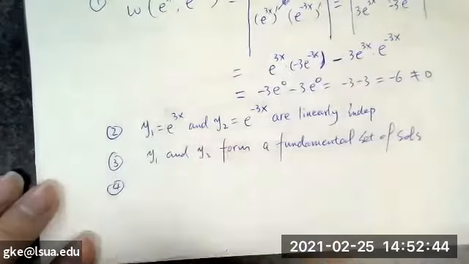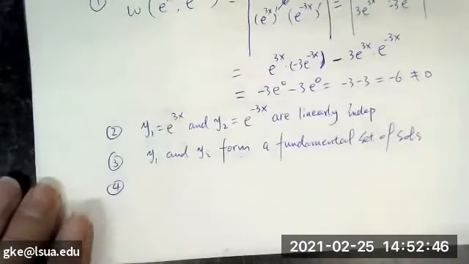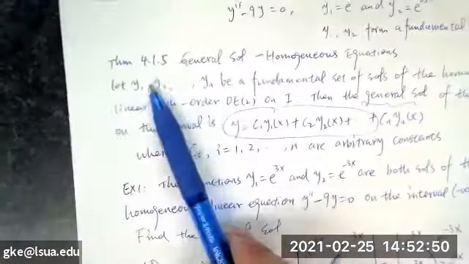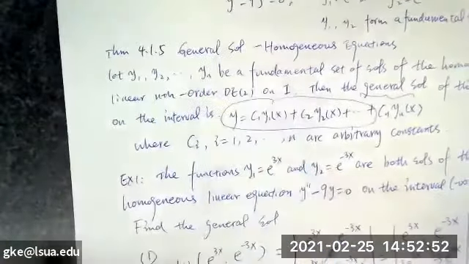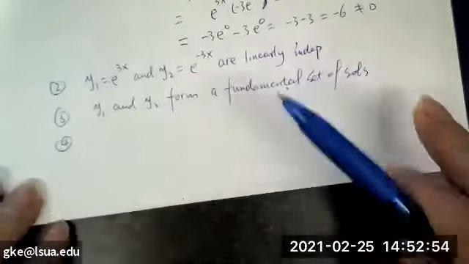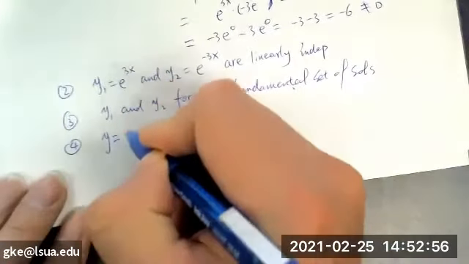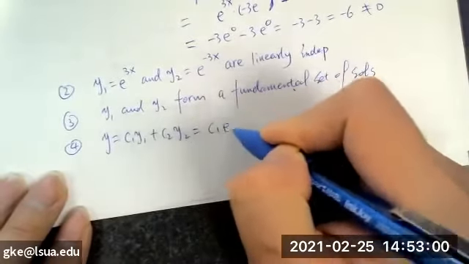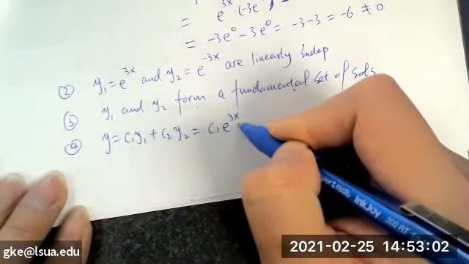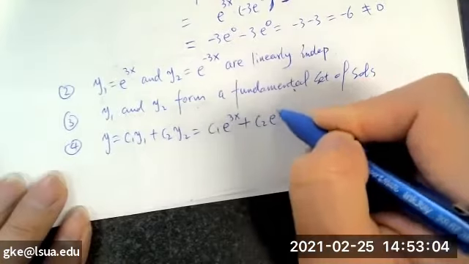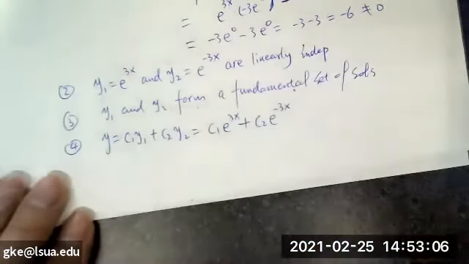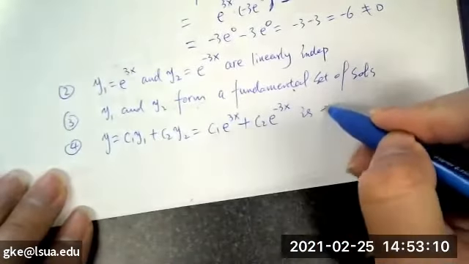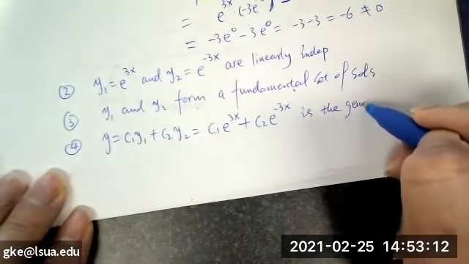Since we know there is a fundamental set of solutions, then based on the last one, we can find the general solution as the linear combination of these two. We just write it down like that. It's the general solution.